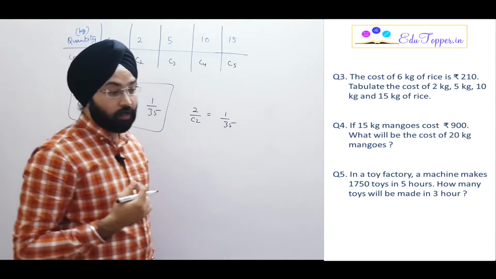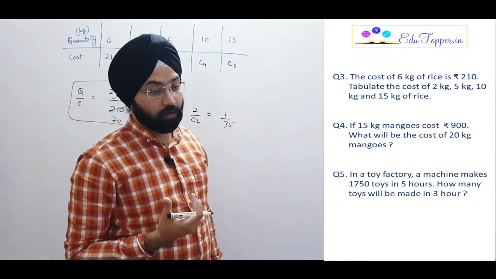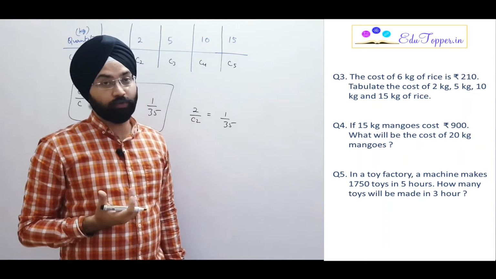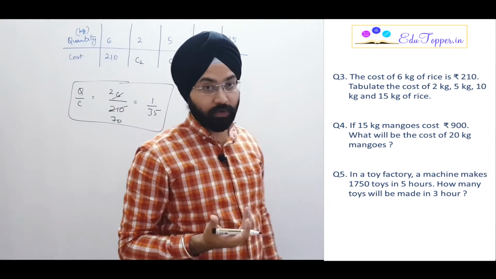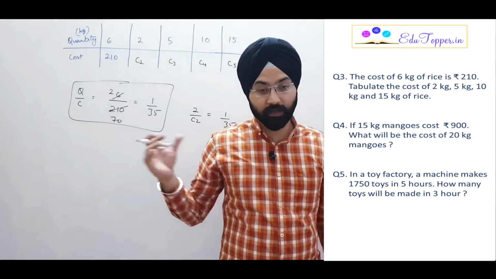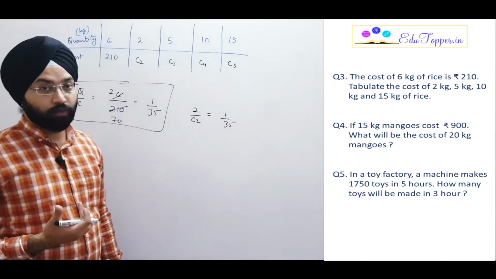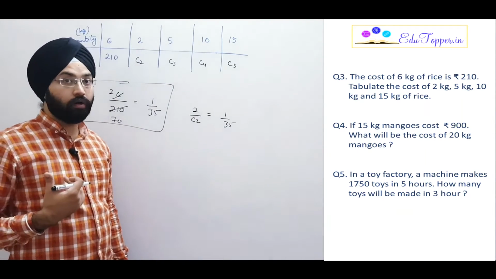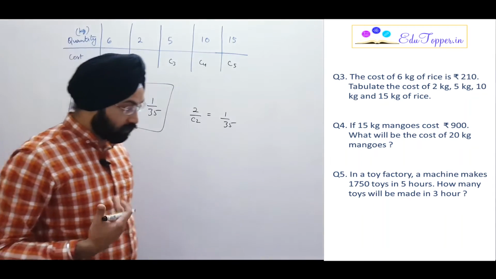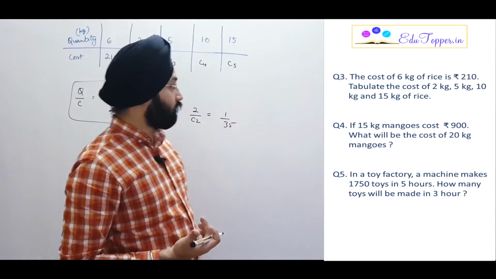Why? Because cost and quantity, these two are always in direct proportion. When the cost increases, the quantity purchased will also be increased, keeping the rate constant. And in other words, you can say that if you have more money, you can buy more quantity of a particular commodity, right?